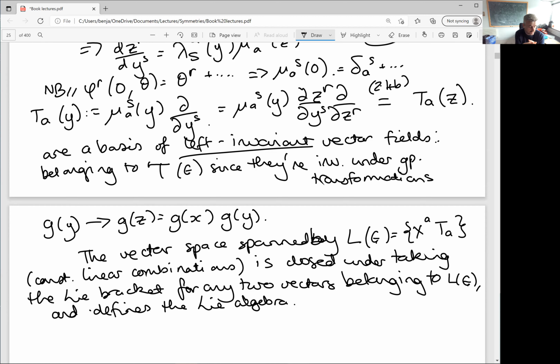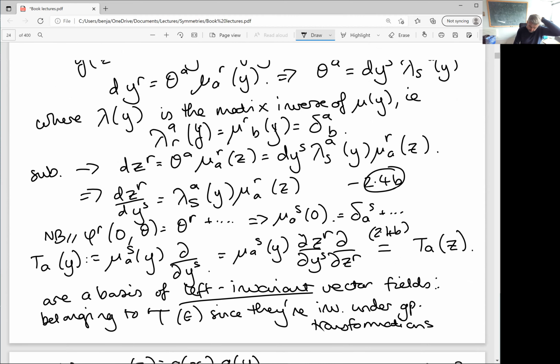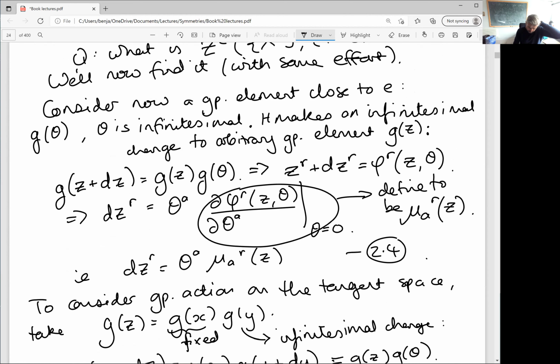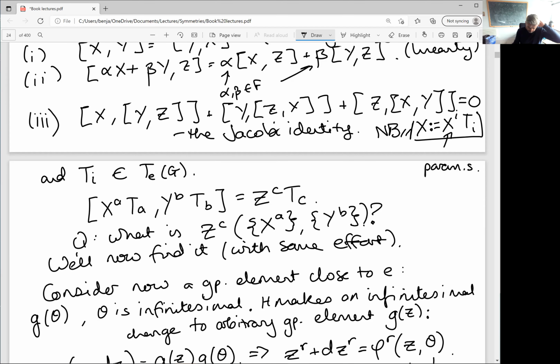Again, it's going to be a bit algebraically heavy. We'll get into it at the start of next lecture, and we'll derive the defining relation of the algebra, and at the same time we'll answer this question of what these coordinates z^c are in terms of the initial coordinates.